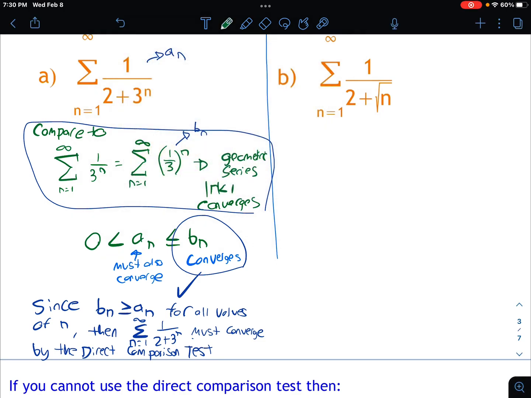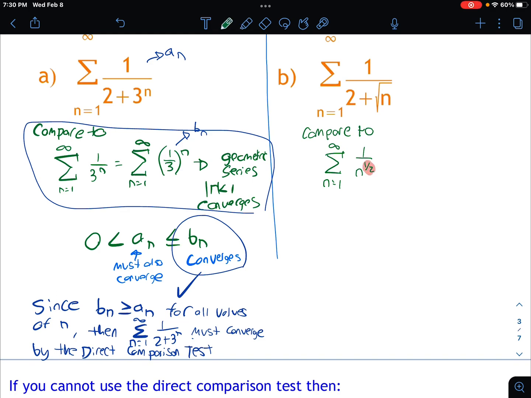We're going to try to compare it to something. We're going to compare this to the quite obvious. We're going to compare this to the sum from n equals 1 to infinity of 1 over n to the 1/2 power, right? And so in this case, we know that this is to the power of 1/2.